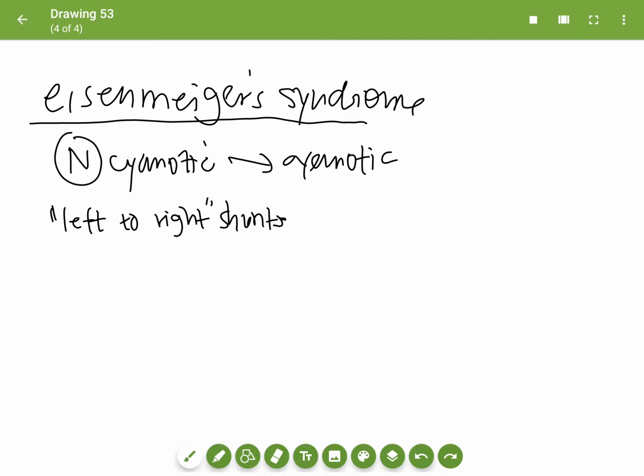What happens is, because the pulmonary vascular resistance drops in the first couple of weeks of life, more blood flows through the lungs.